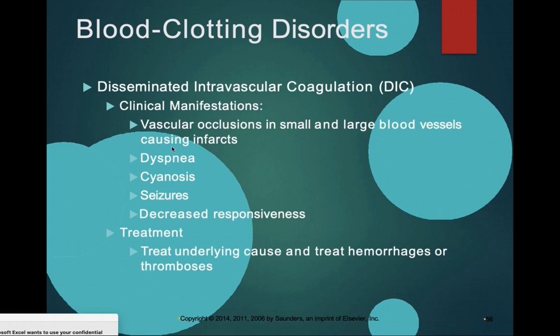Okay, still the other clinical manifestations, vascular occlusions in the small or the large blood vessels, creating infarcts. There's dyspnea, difficulty in breathing, cyanosis, bluing, seizure if there's decreased blood and oxygen or clotting before it gets into the brain. And if there's decreased brain activity, then decreased responsiveness. The treatment is treat the underlying cause and treat the hemorrhages or the thromboses.